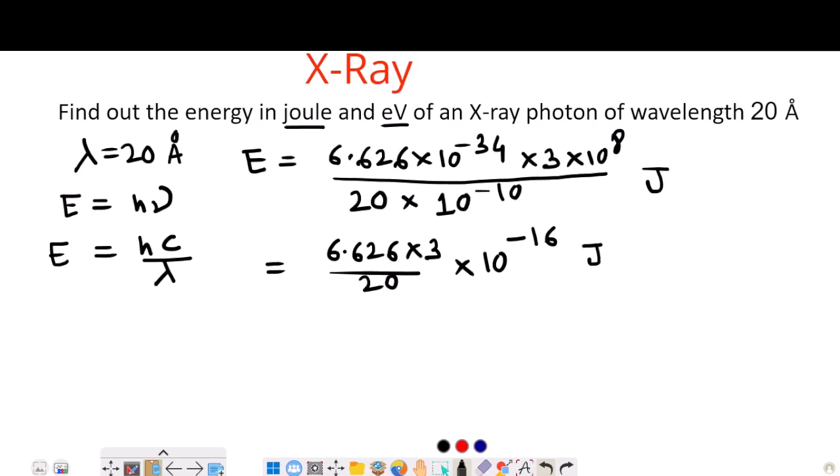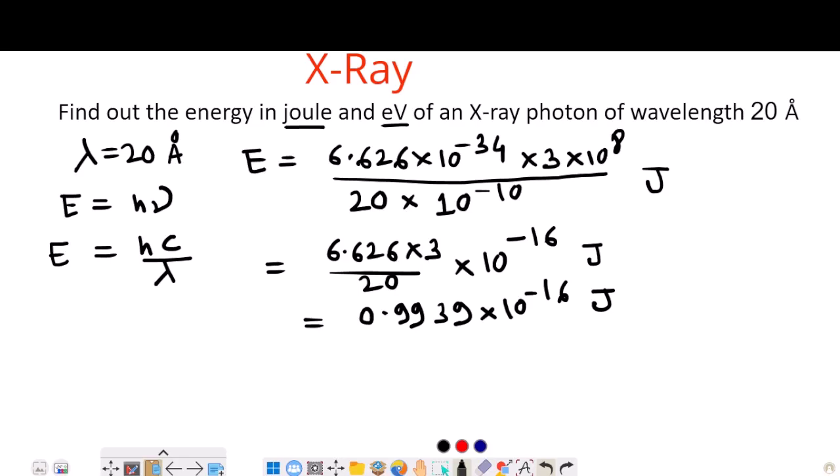Now if we calculate this, then we will get 0.9939 into 10 to the power minus 16 joule. So the energy value is 0.9939 into 10 to the power minus 16 joule.